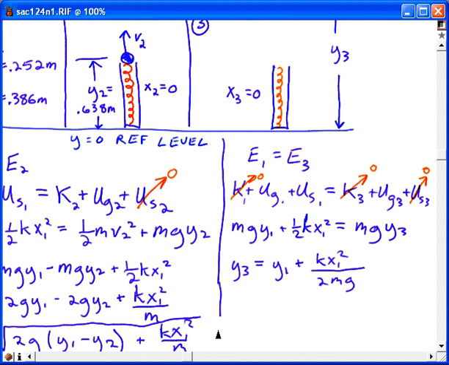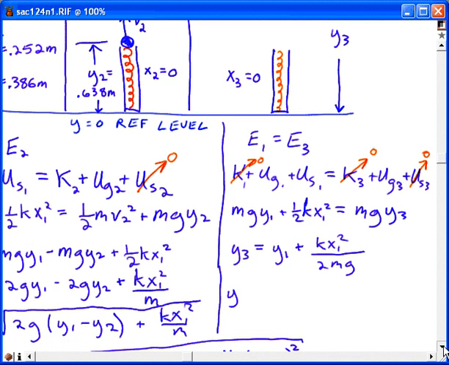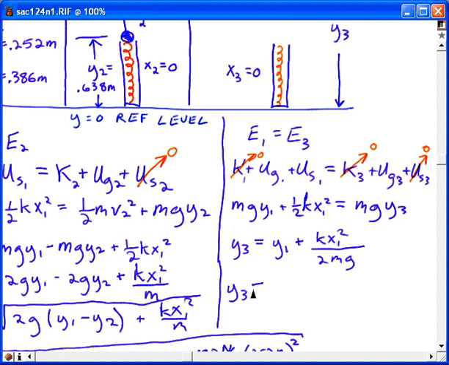So I just have to substitute values in there with units. I get y3 is equal to y1, which was the 0.386 meters, plus the spring constant was 10.2 newtons per meter, and still is.